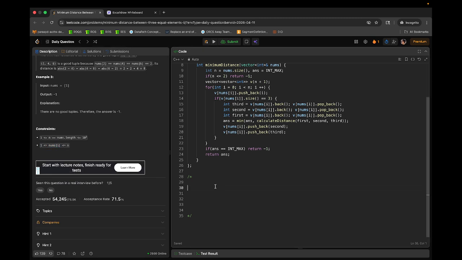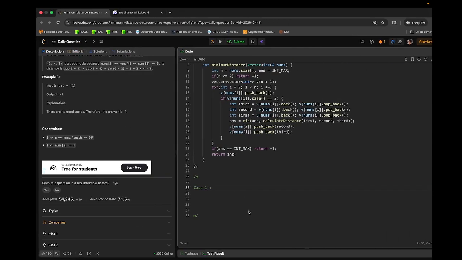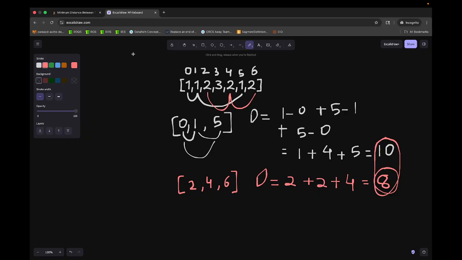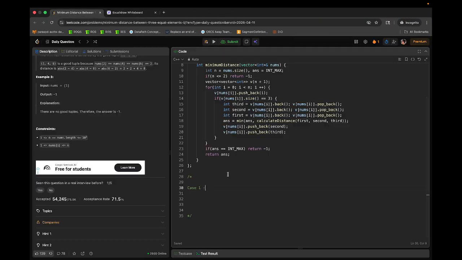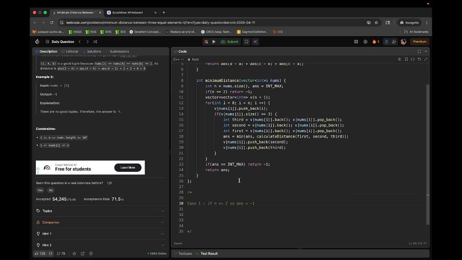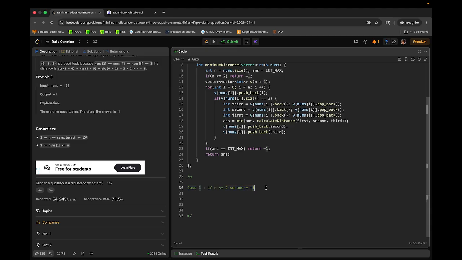So if n is less than or equal to 2, it means there is only one element or only two elements in the array, then we can never form a tuple because the tuple needs three elements. So in that case, the answer will always be minus 1. It is never possible. So this is our first case.